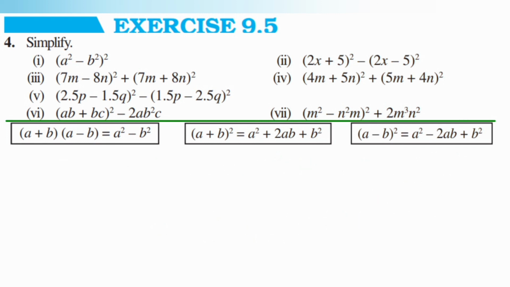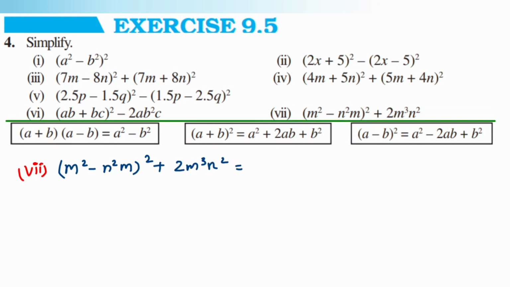The seventh problem: we have (m² − n²m)² + 2m³n². Okay, so let's start doing this. This is equal to, now we have to apply the identity (a − b)² because there's a minus sign over here.